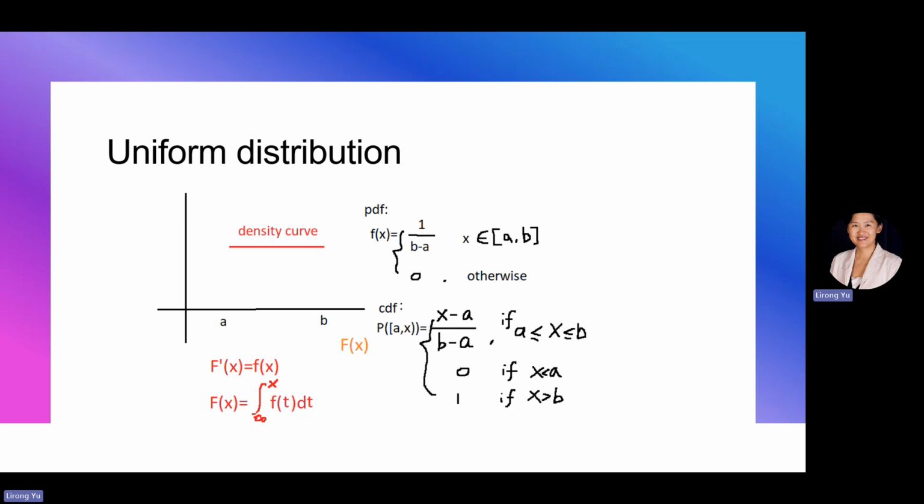The area below any curve can be calculated as an integral. So F of x is actually the integration from negative infinity to a of the density function. Essentially, this function's derivative is this function, and this is an integration of this function.